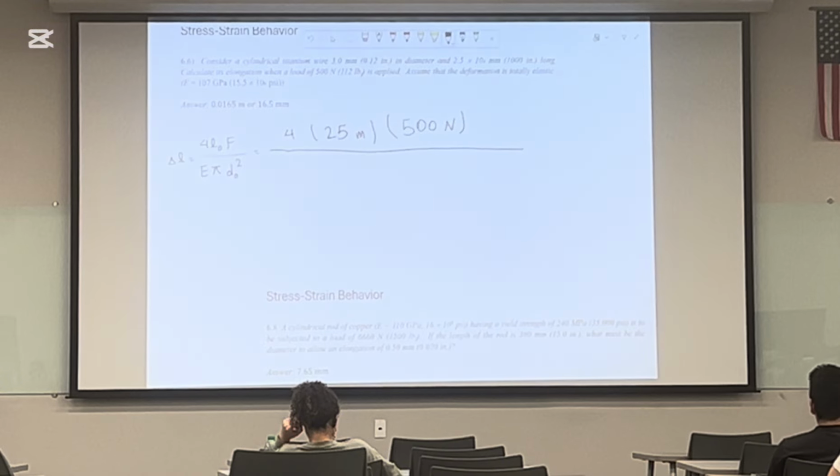And Young's modulus is 7 times 10 to the power of 9, and pi multiplied by the diameter. Diameter is 3 millimeters, so it's 3 times 10 to the minus 3 because we are converting everything to the SI units, which is squared.